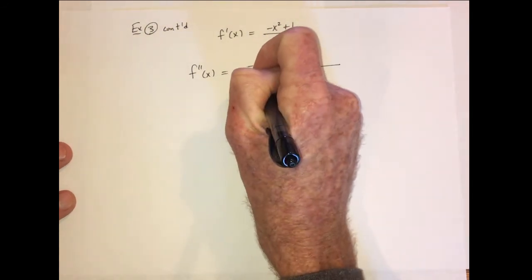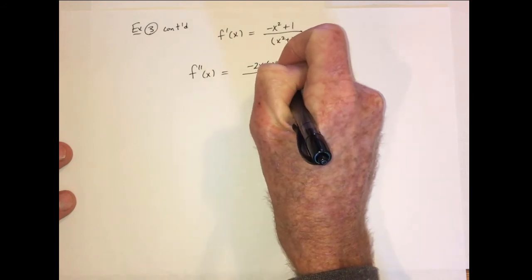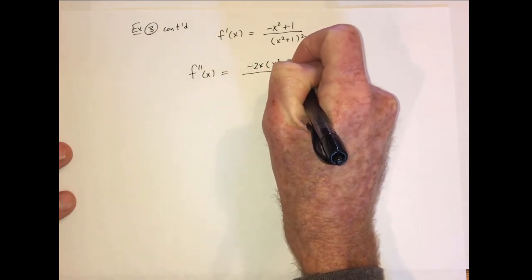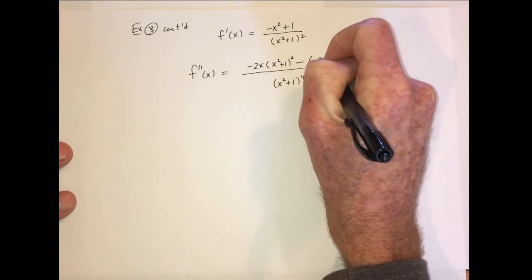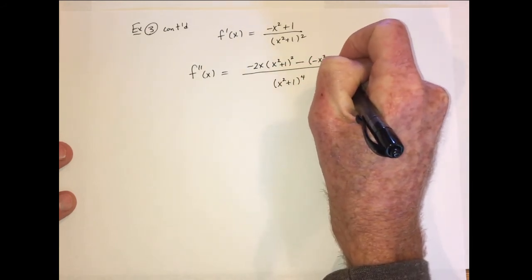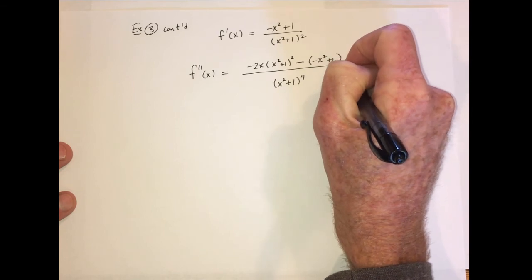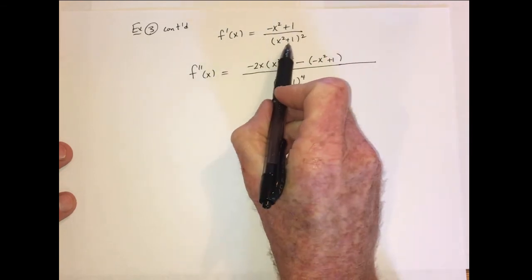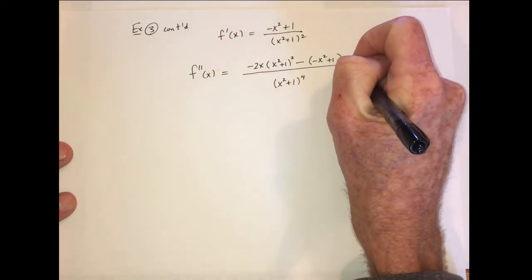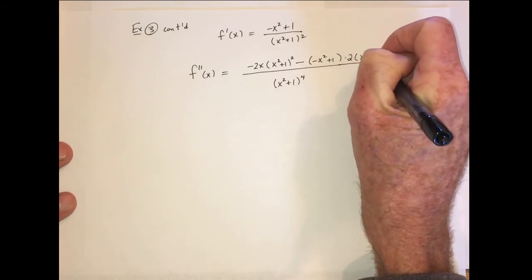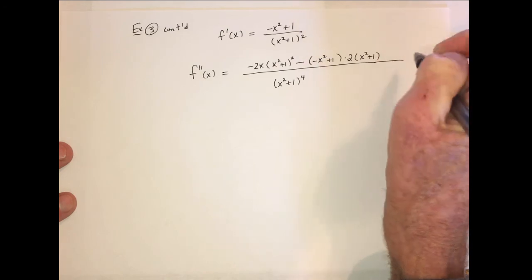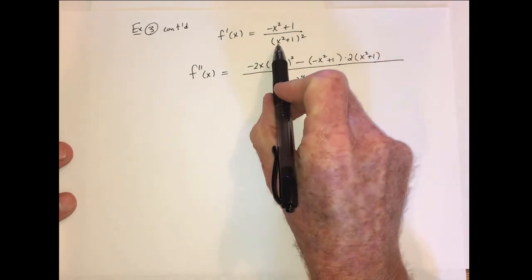And now start taking derivatives by taking the derivative of the top. So that will be negative 2x gets multiplied with x squared plus 1 squared minus, now leave negative x squared plus 1 alone, and now take the derivative of this, which means you bring the power 2 down, leave the inside alone for now. Now it's to an exponent of 1, and now do the chain rule.